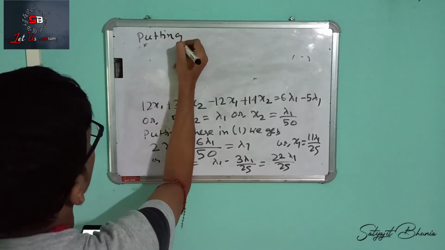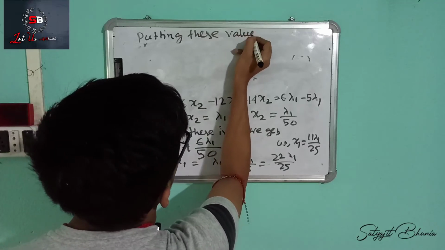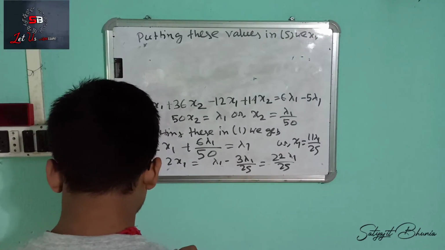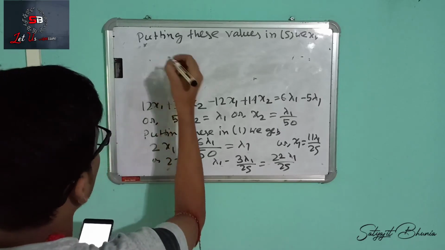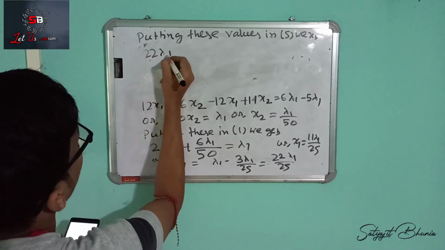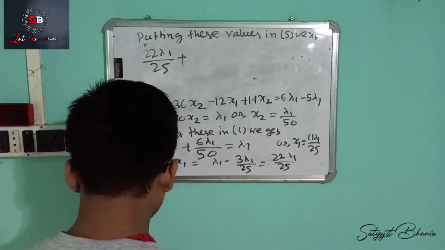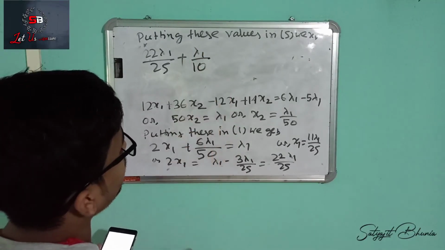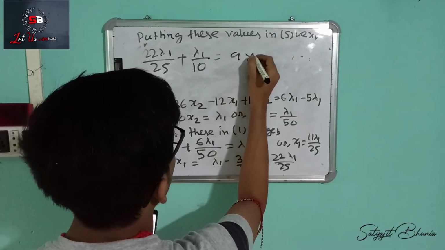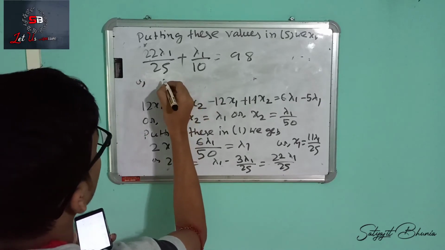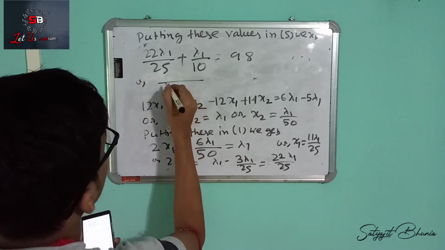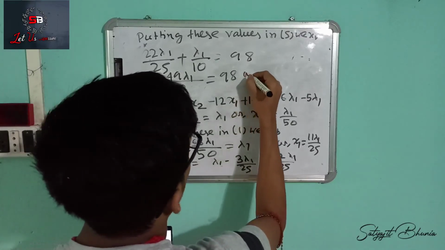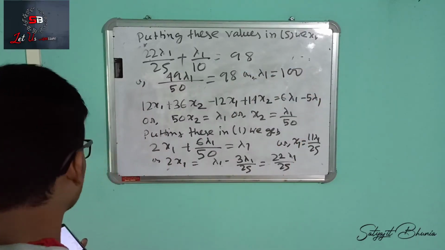Putting these values in 5 we get 2x1, so 22 lambda 1 by 25 plus 5x2, that is lambda 1 by 10, is equal to 98, or 49 lambda 1 by 50 is equal to 98, or lambda 1 is equal to 100.